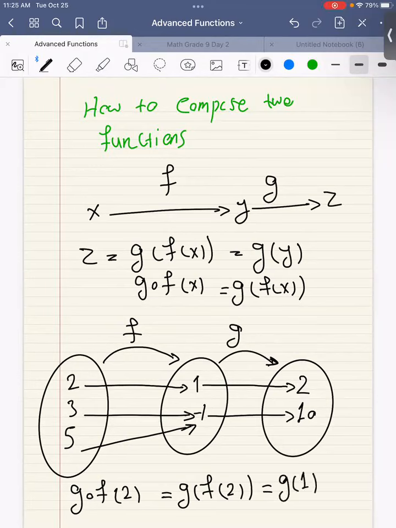So g of 1 is equal to, what is it? Based on this picture, 2. Or just let me put -5, -8. I don't want to use similar numbers. If I use this -8, then g of 1 is equal to -8.